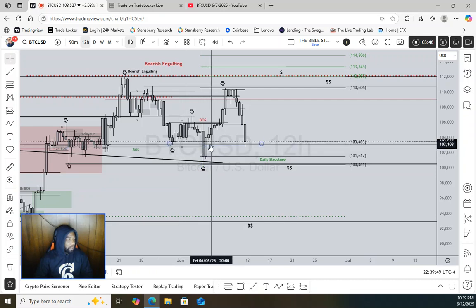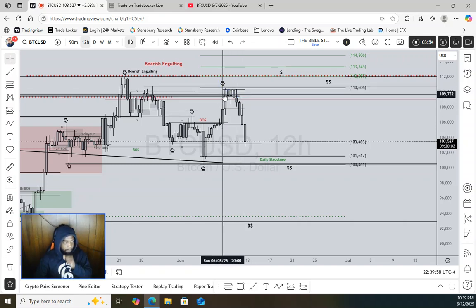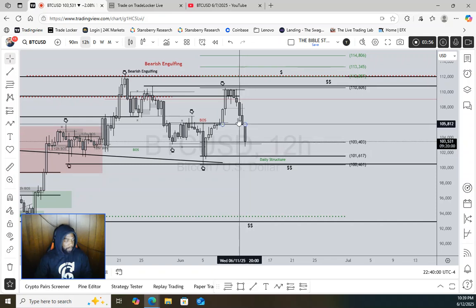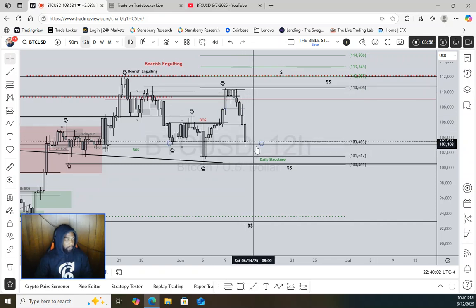Immediately reversing, closing back above these lows, and then giving this expansion, giving that breaker structure, right? And as you can see now what price is producing. Swing to swing, retrace, and we can anticipate a continuation.